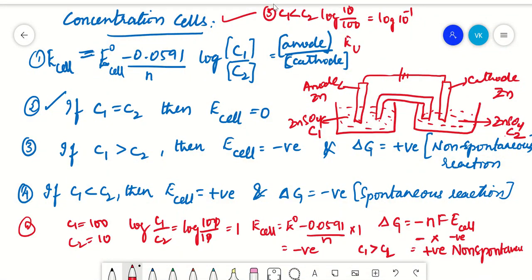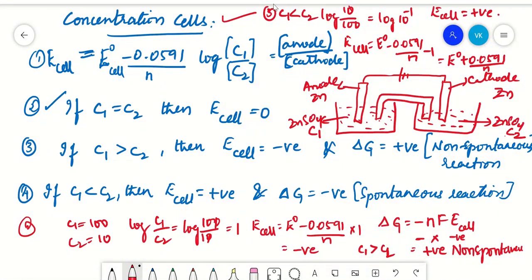E cell is equal to E naught minus 0.0591 by n into minus 1, into log 10, which is equal to 1. So minus into minus, you get plus: E naught plus 0.0591 by n. So this will be a positive value. Now here the E cell value will be positive.